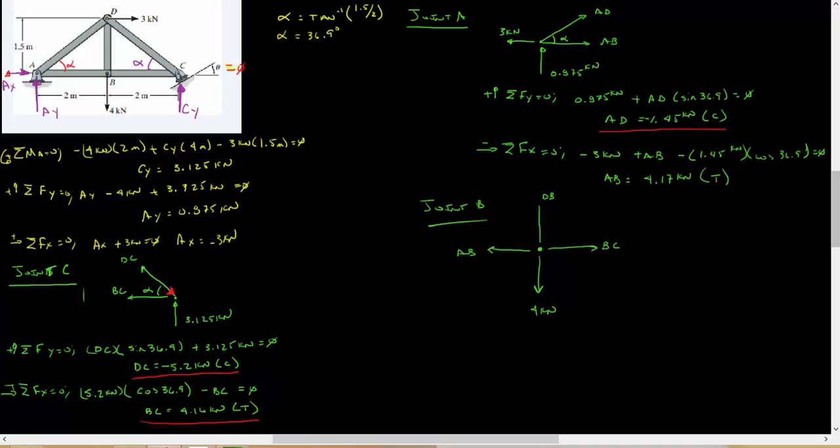Well, I already have BC and I already have AB, so the only thing I'm looking at is DB, and I have it in tension. Well, this is very simple. If I sum my forces in the Y, I get DB is positive, minus 4 kilonewtons is equal to 0, so DB is equal to 4 kilonewtons, and that would be in tension.